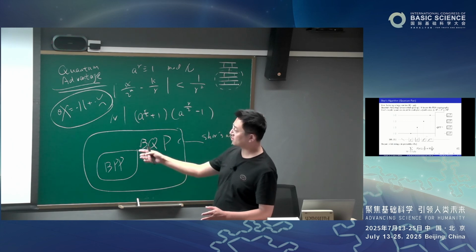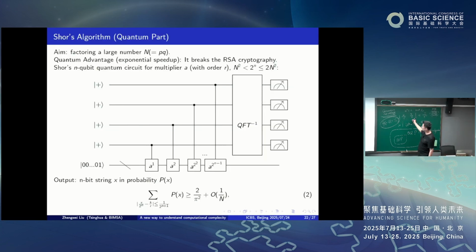Without noise, Shor showed that you can find such a good measurement to get the order with a constant lower bound, like 2 over pi squared. That's the main point, saying this algorithm works. You can always find it, and if it doesn't find it, you just repeat your experiment multiple times, and from that you find this order, and then you factorize the large number.